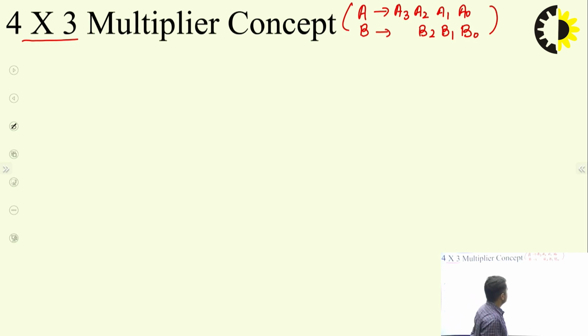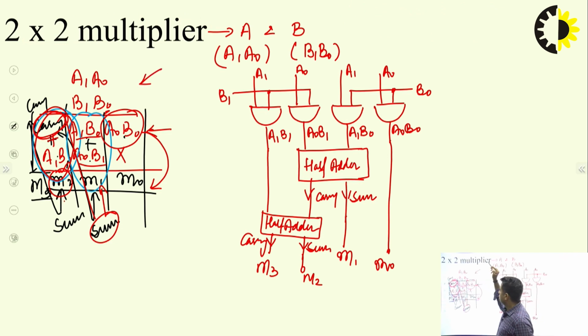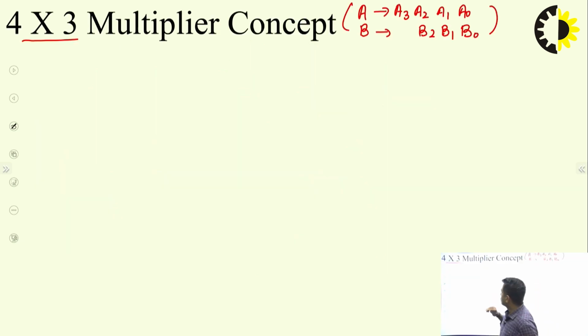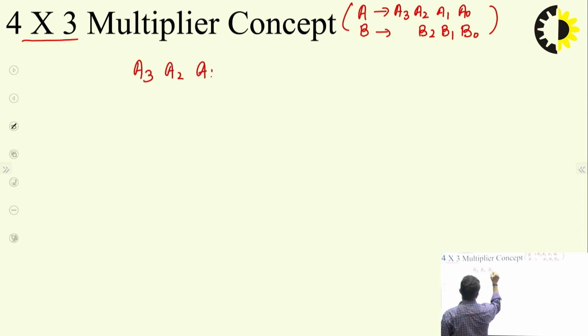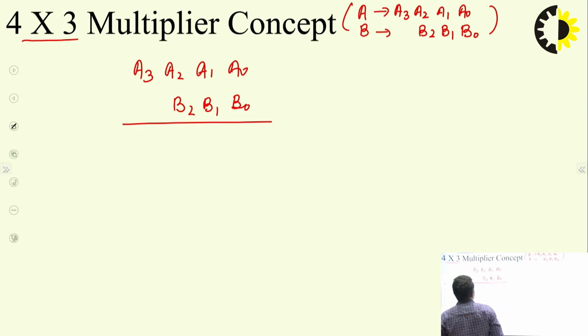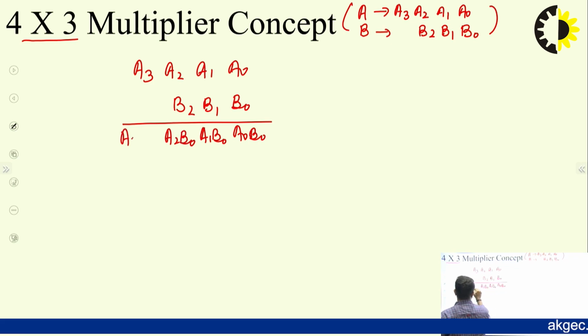If you want to multiply these numbers, the initial step is identical to what we used earlier, like we used to do in our notebooks for normal decimal multiplication. So let's start with that. A3, A2, A1, A0 multiplied with B2, B1 and B0. So A0 B0, first product, A1 B0, then A2 B0, then A3 B0.